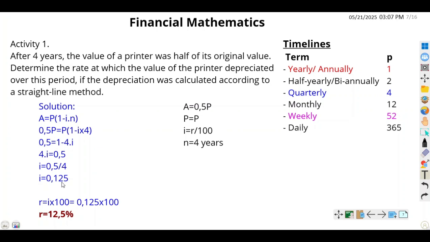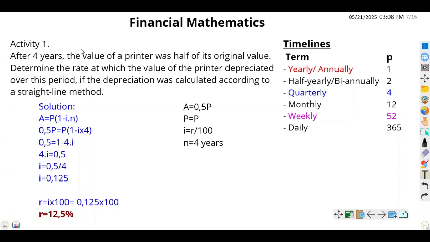Okay, I becomes 0.125. And to get R, we know I is equal to R divided by 100. So if you need R, you have to multiply I by 100. R is equal to I multiplied by 100, which is 0.125 multiplied by 100, and R, the rate, is 12.5%. The interest rate is 12.5%.